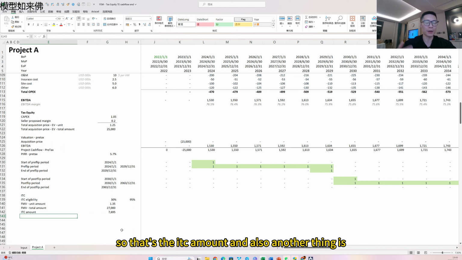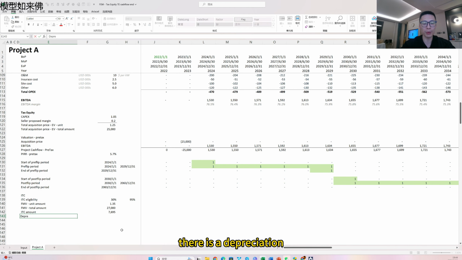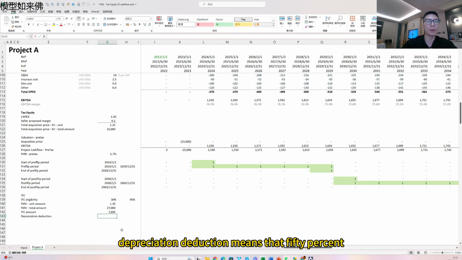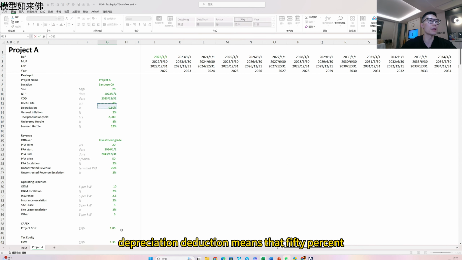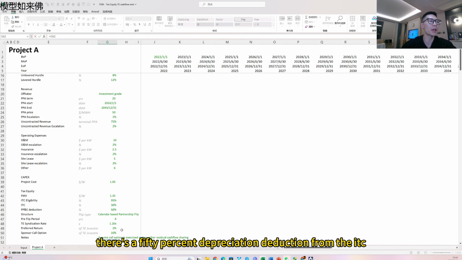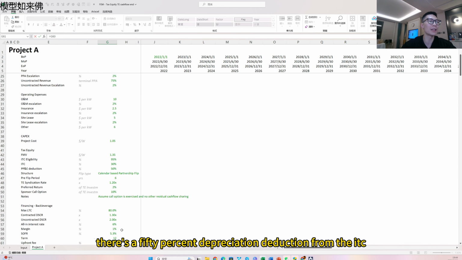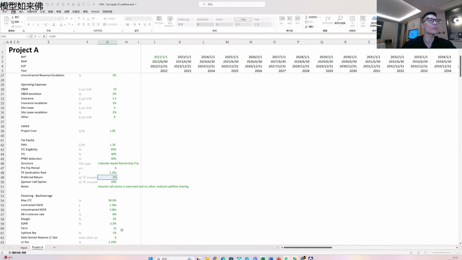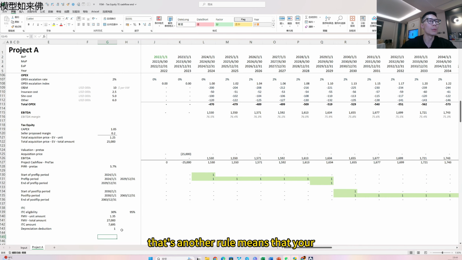And also another thing is there is a depreciation deduction, meaning there's a 50% depreciation deduction from the ITC. That's another rule.